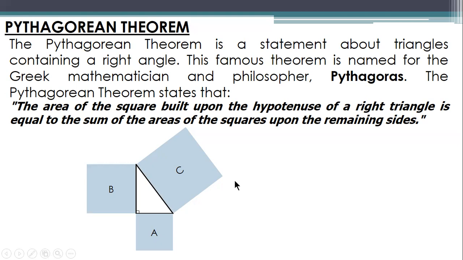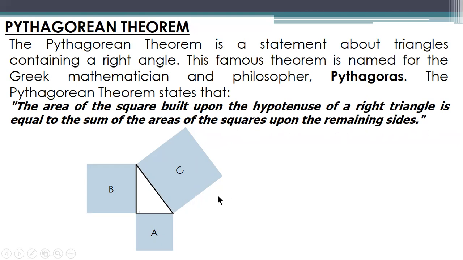And again, let's read the Pythagorean theorem. The area of the square built upon the hypotenuse of a right triangle, square C, is equal to the sum of the areas of the squares upon the remaining sides.